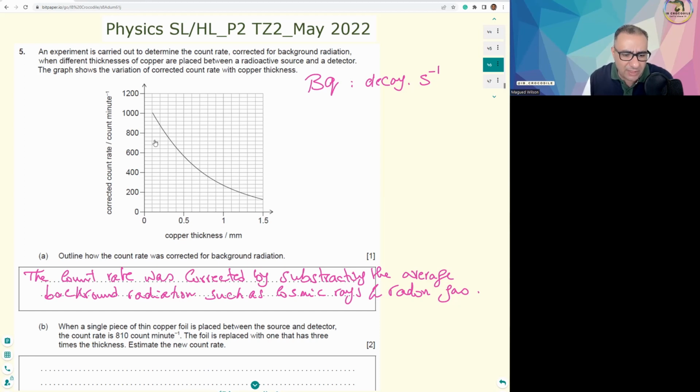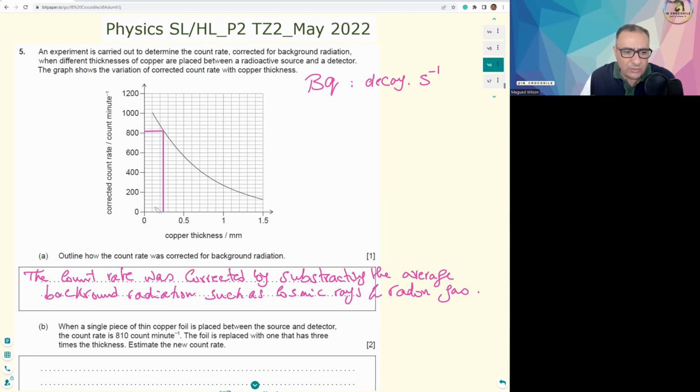So 810 is a very small distance, about a quarter of the distance between 800 and 840. Then you hit the curve and go down to read the thickness at this count rate. Again, let's read the scale. I have 0.5, I have 5 squares.